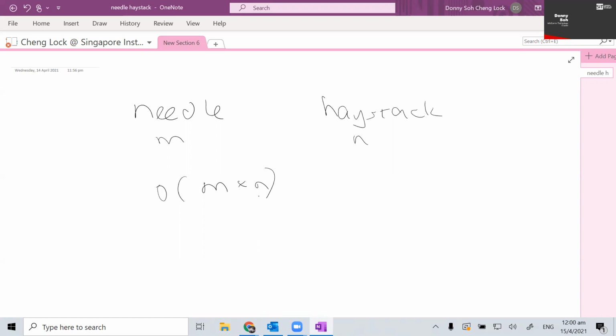Then thereafter we went on to the next one, which is the KMP algorithm. In the KMP algorithm, the hardest thing is coming up with the DFA matrix. Once you can come up with the DFA matrix, you should be fine. Recall in the previous recording, we typically do that through the x variable.